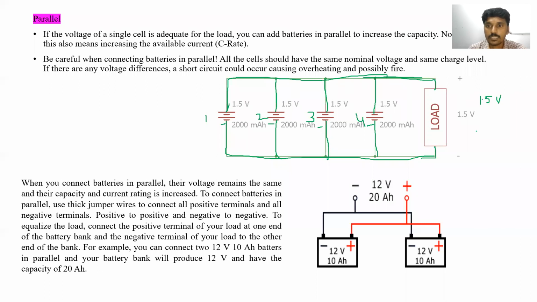So what will be the current rating of this battery? 2000 plus 2000, 4000, 4000 plus 2000, 6000, 6000 plus 2000, how much? 8000 mAh, milliampere hours. So when we take 4 cells connected in parallel, each cell is 1.5 volts, 2000 milliampere hours. So the capacity of this battery is 1.5 volts, 8000 milliampere hours.